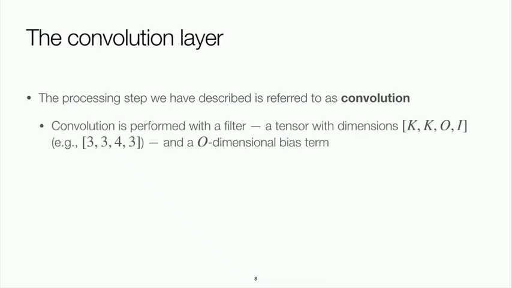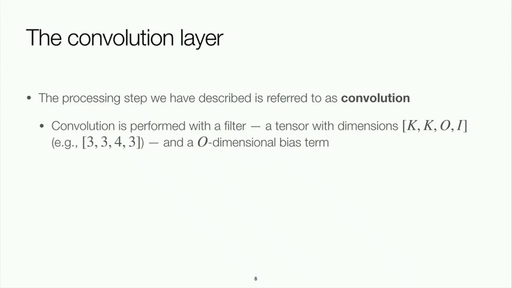Convolution is performed with a filter. So we can think of the filter as an even larger tensor. I was using the word tensor before to describe these 3-dimensional things, but tensor can really mean anything that's higher dimensional. So we can also call the filter a 4-dimensional tensor. It's 4-dimensional because it's got a height, width, and a number of channels. That's k and I here. Usually we assume that the height and the width of the filter are the same.